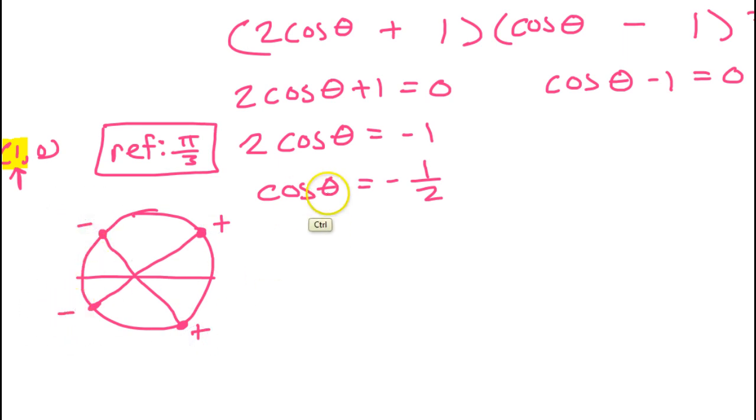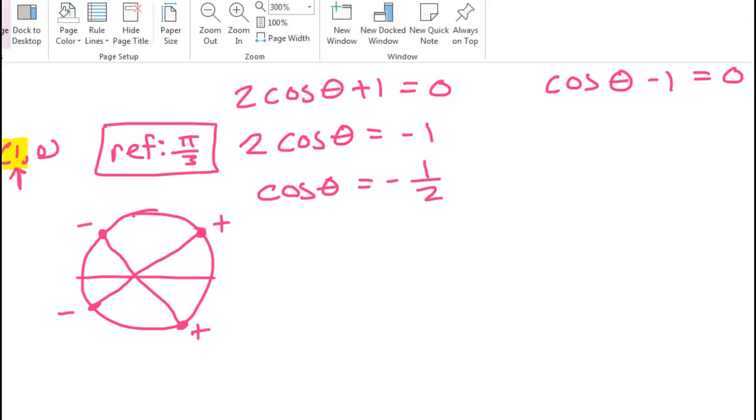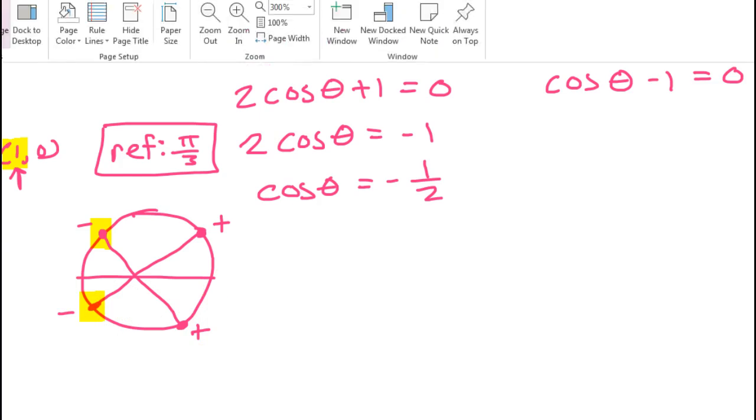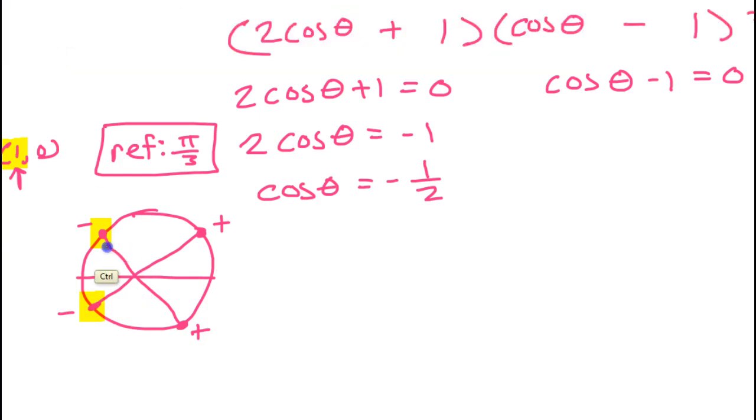Well, for this angle, the cosine is negative. So that's why these 2 angles will be the solutions. And this is 2 pi over 3 and 4 pi over 3. So theta is equal to 2 pi over 3 and 4 pi over 3.